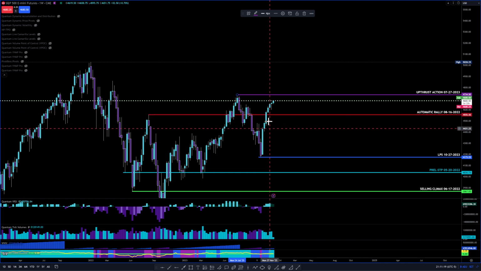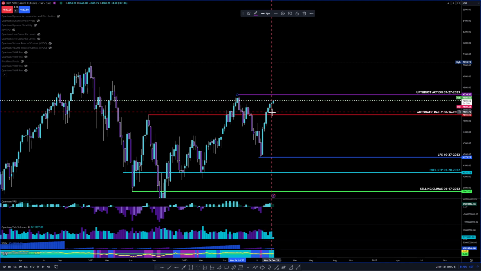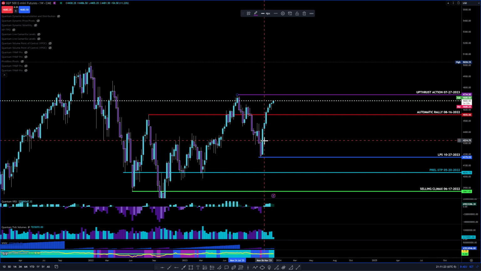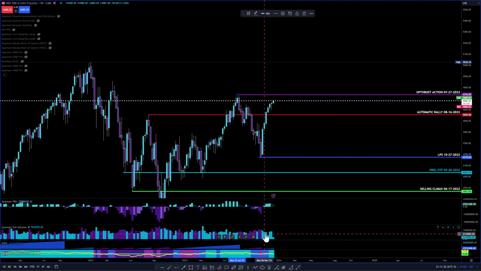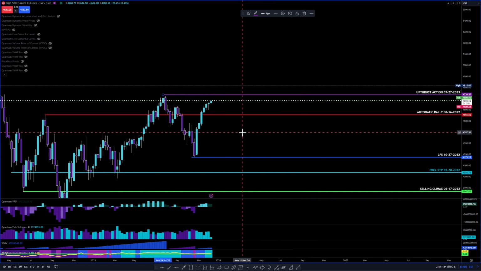After we broke out, we had some smaller candles following the bigger candles that caused the bullish action. The candles are starting to slow down, but there's still the same amount of volume. Let me make that bigger.